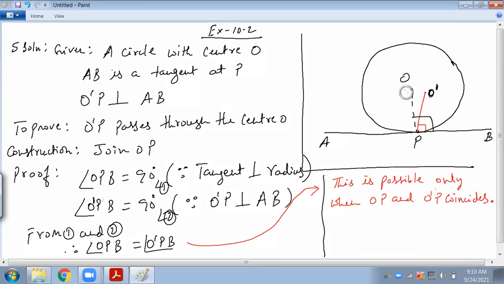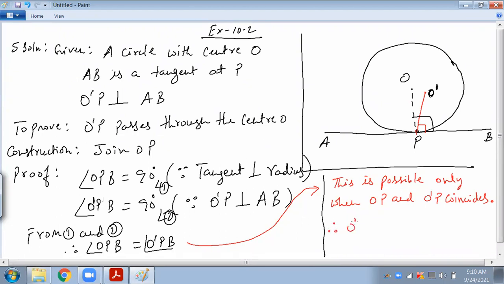Coincide means they are the same straight line. If OP and O'P coincide, that means they will be the same straight line. Since OP passes through the center O, O'P also will pass through the center O. So this is possible only when OP and O'P coincide.